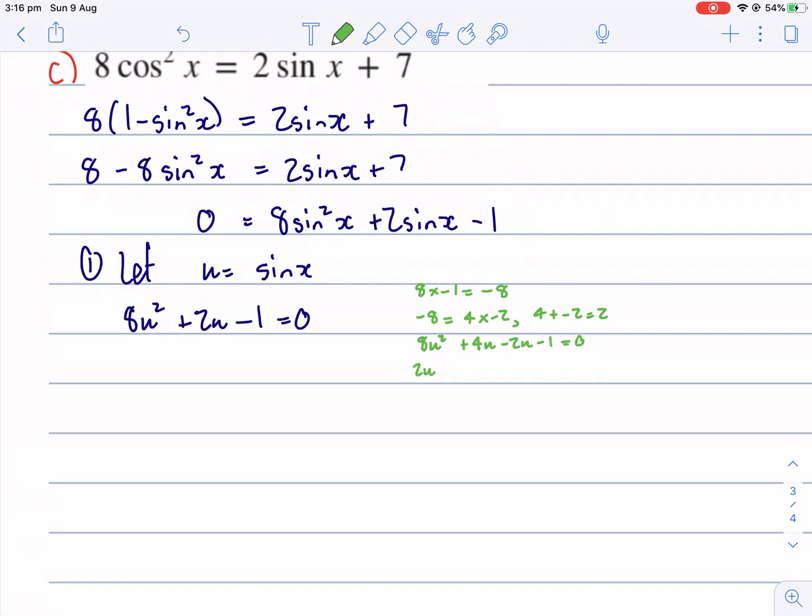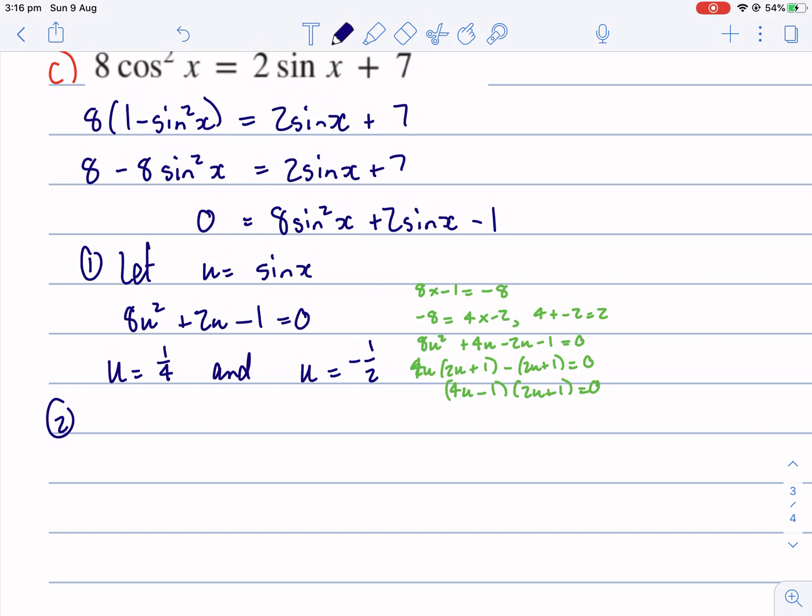So I've got 4u outside of 2u plus 1, take 1, 2u plus 1. So I've got 4u take 1, 2u plus 1. So I've got u equals a quarter and u equals negative a half.